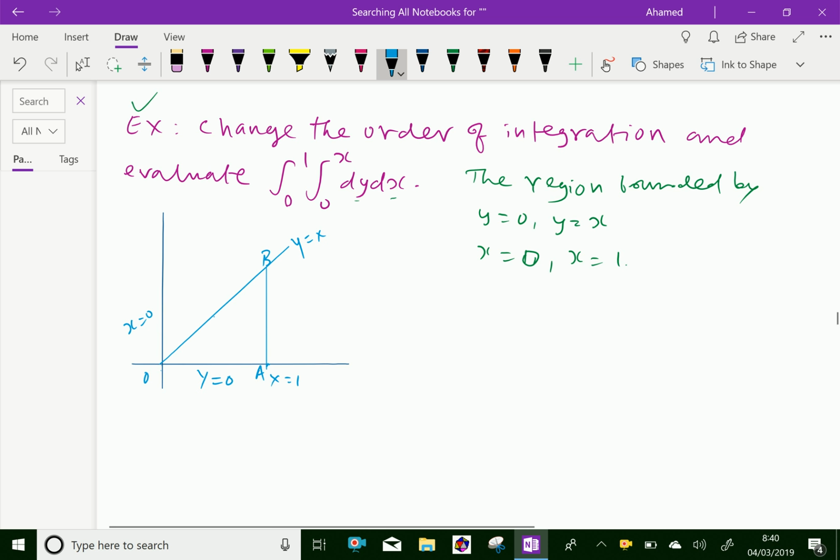Here this inner integral is with respect to y, so we have to take a strip along the y-axis. This strip has the limits y equal to 0 and y equal to x.